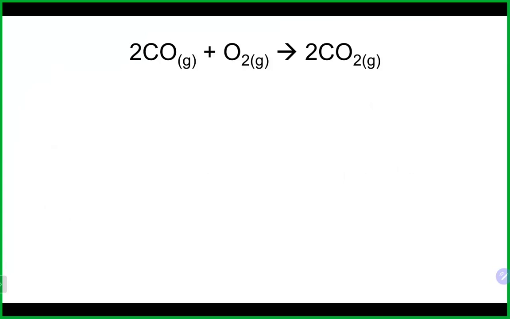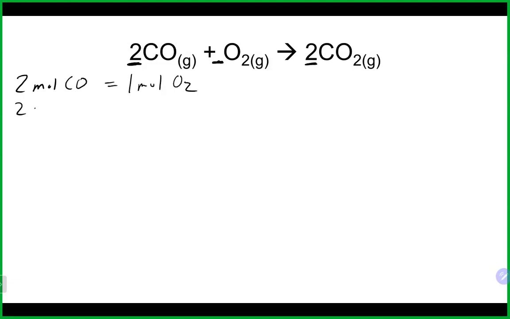If we wanted the stoichiometric equalities, which is a fancy way of saying our conversion factors, we look at the coefficients. For every 2 moles of CO, I get how many moles of O2? If there's nothing written, it's implied to be 1 in chemistry, right? So we would have 1 mole of O2.